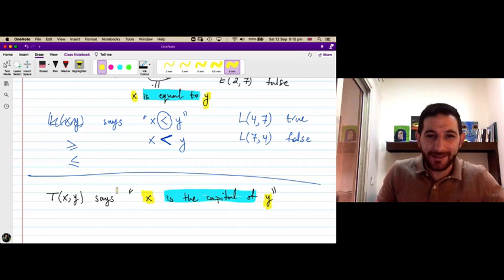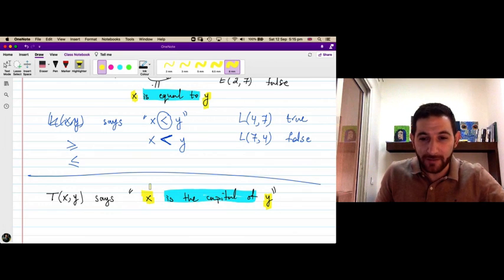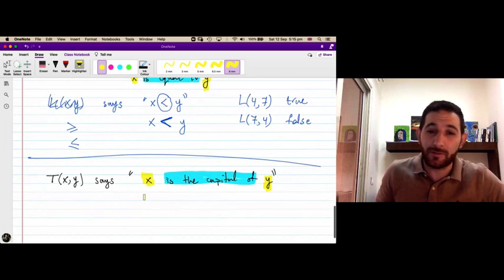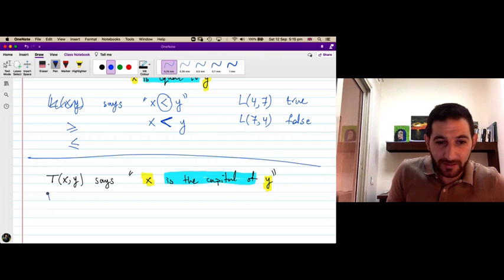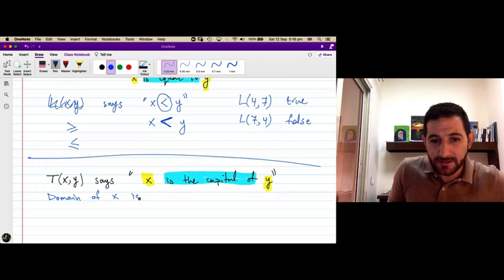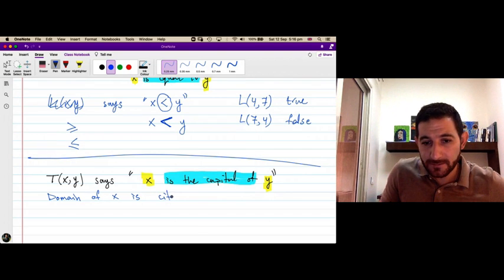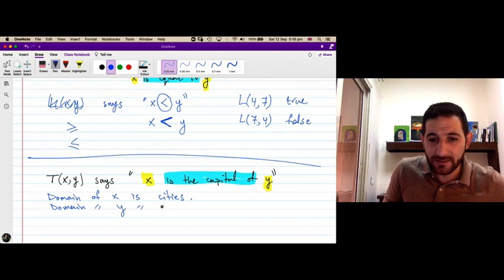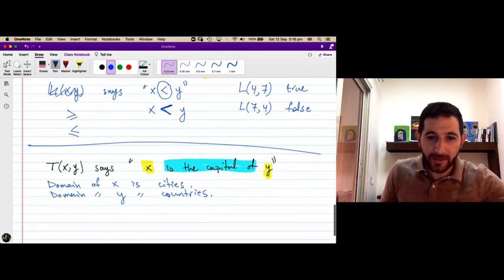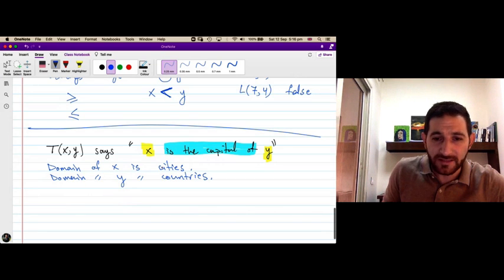Remember, a predicate is a statement involving variables which becomes a proposition when we substitute values for x and y. Talking about values, I need to tell you the domain of x and y, but here the domains are different. The domain of x is the collection of all cities, and the domain of y is the set of all countries. So for example, we can choose a value for x to be one of the cities in the world.